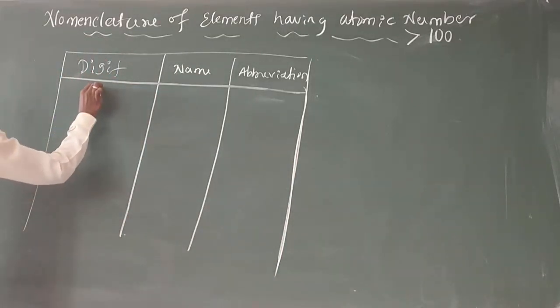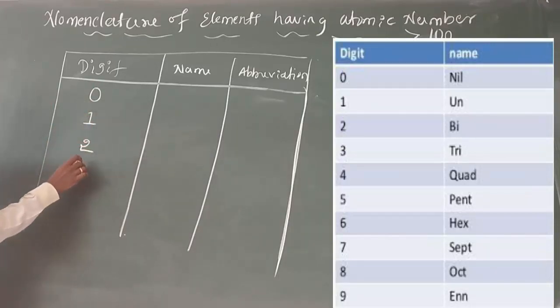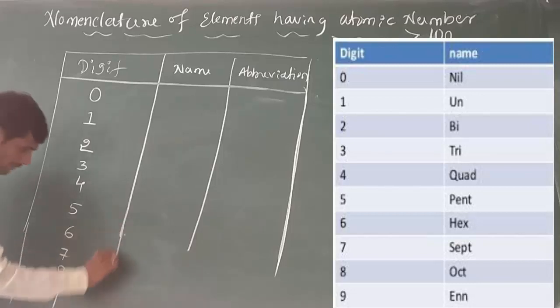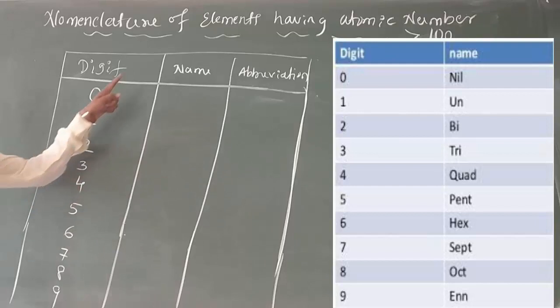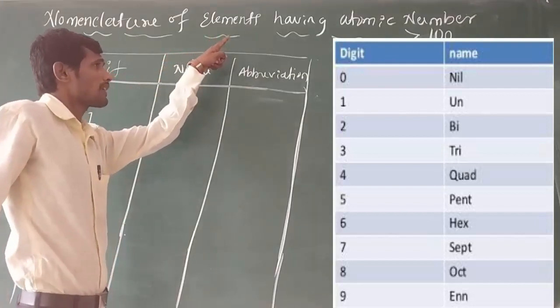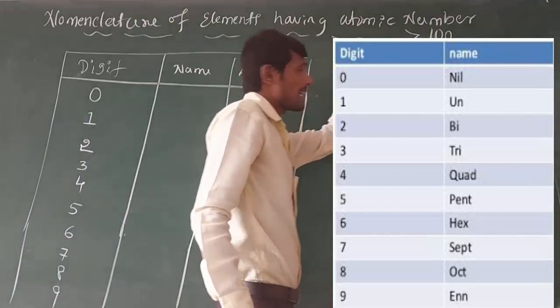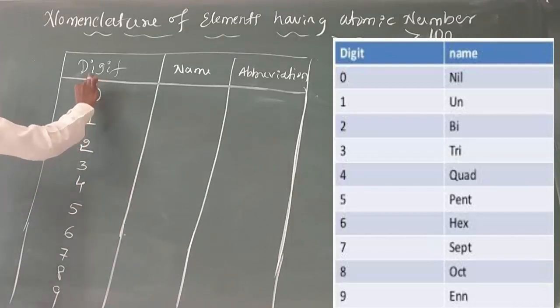If 0 is present, and I take here 1, 2, 3, 4, 5, 6, 7, 8, 9. Students, if the atomic number of an element is greater than 100, then how do you write the name of that element?